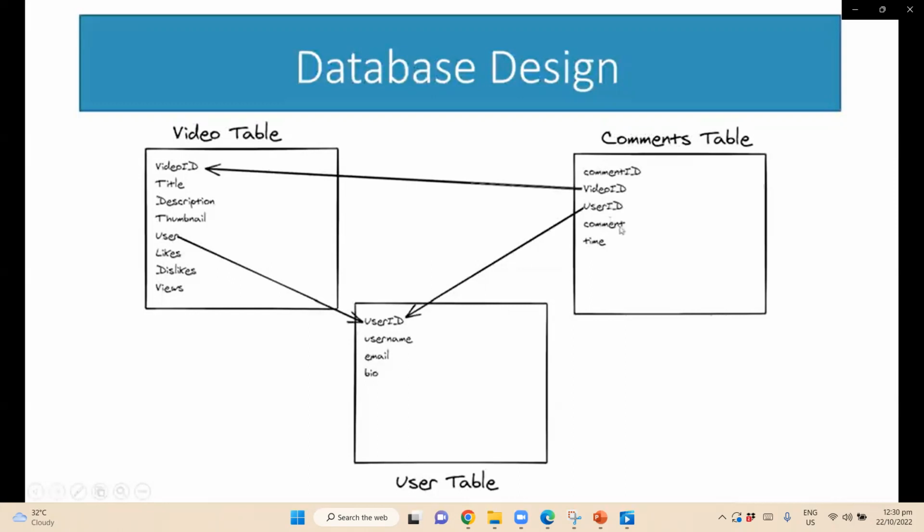Then here you have a basic comment ID, comment, and the time the comment was posted. Obviously, you can add a ton more information here. If you wanted something more advanced, like for a channel, you'd probably have a channel table where the user would connect as the owner of a channel. But for our basic database design, this all works pretty well.